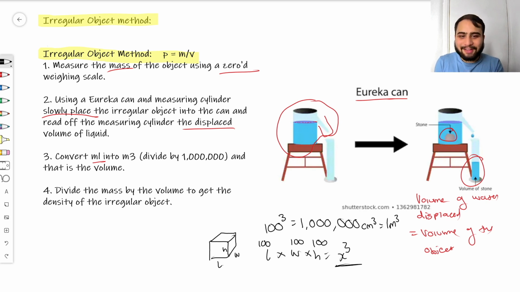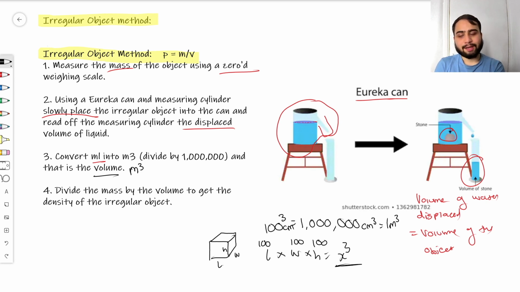Okay, I'm sorry if that was a bit all over the place, right? All you need to really understand is that because in one side we can have 100 centimeters, and another side we can have 100 centimeters, and another side we can have 100 centimeters, it's 100 cubed centimeters, right? And that gives us 1 meter cubed. Okay, so we have to divide the milliliters by a million, and that gives us our volume in meters cubed.